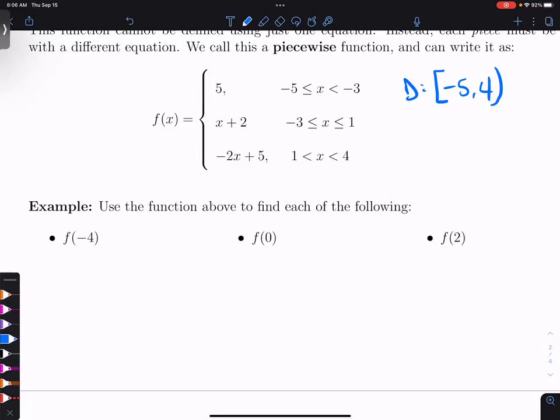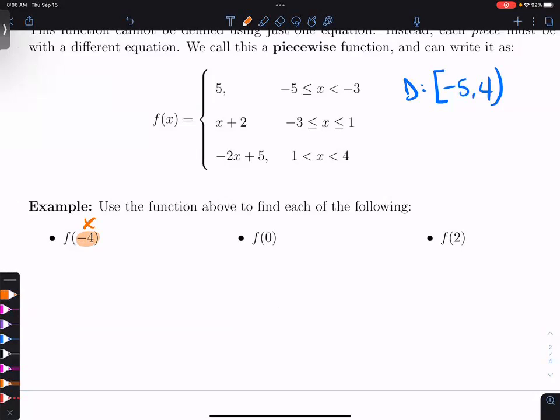So if I want to find f of -4 and I have this to work with, what do we do? Plug -4 in for x. Okay, the question is where though? If x is -4, which of those three things should I use to evaluate or plug in?